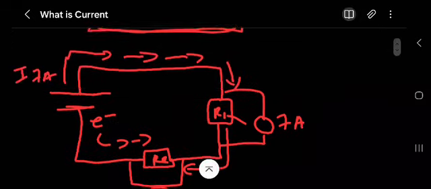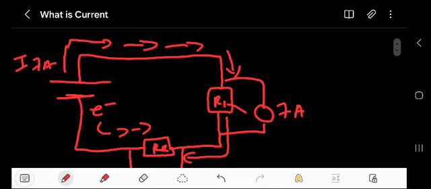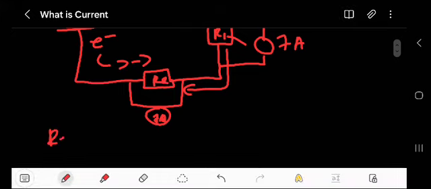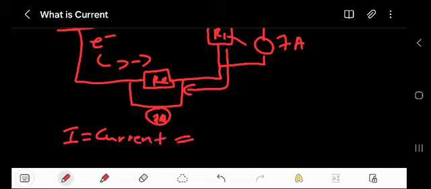What I'm trying to say is that when resistors are placed in series, they have equal current.